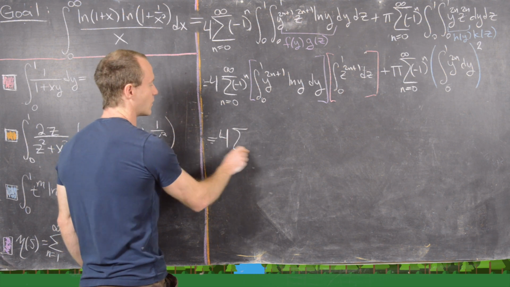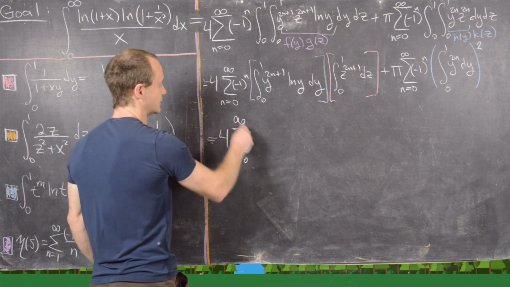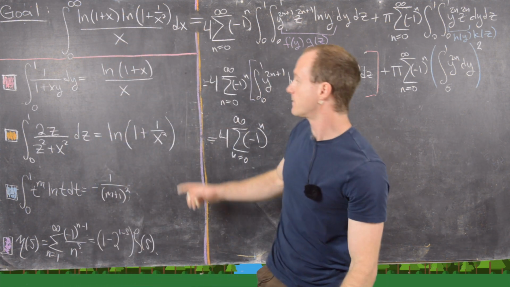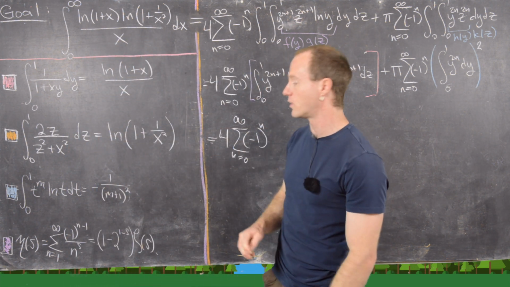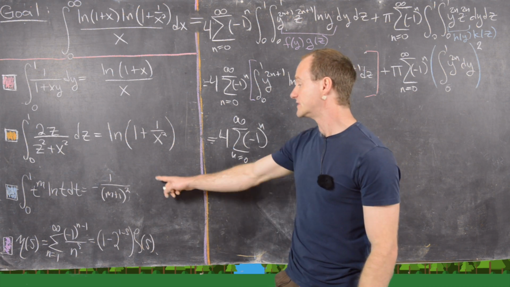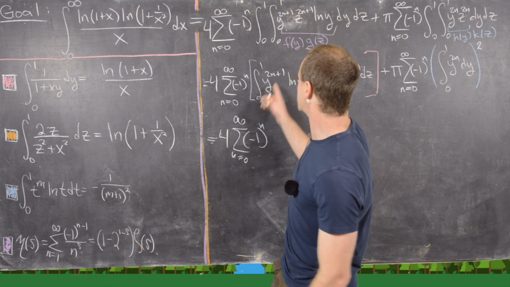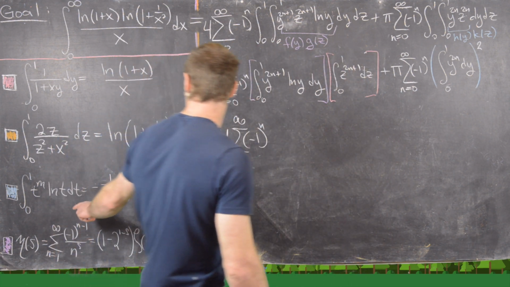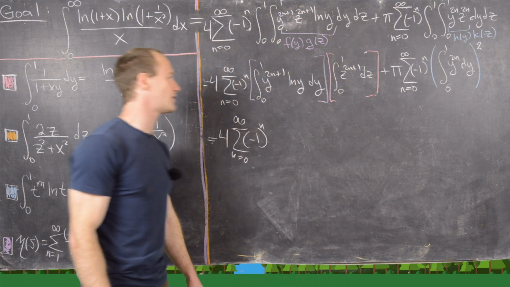Okay, great. But now I've got some fairly simple stuff to do. This is going to be 4 times the sum n equals 0 to infinity minus 1 to the n. Now notice this purple integral is actually our third bullet point, so we can use that directly where m is replaced with 2n plus 1. So like I said, m is 2n plus 1.